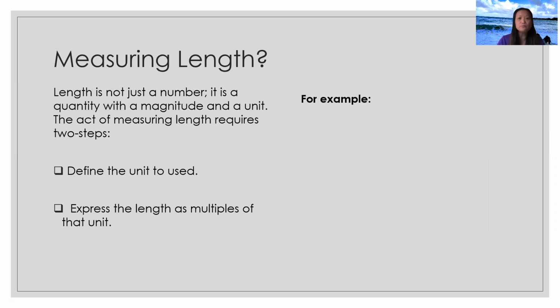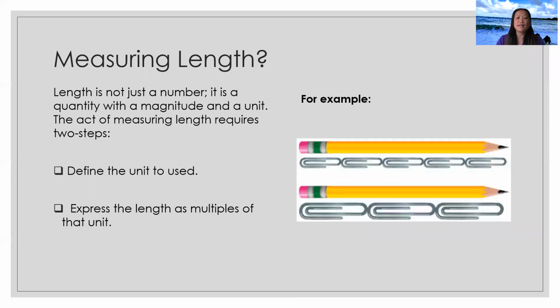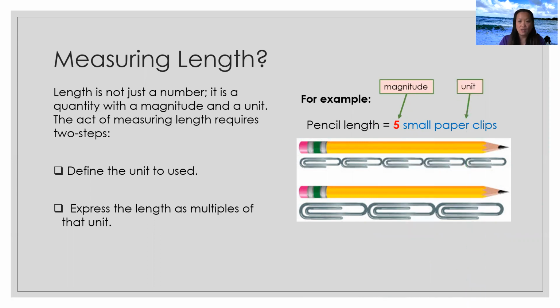For example, let's take a look at this picture here. The length of that pencil is 5 small paper clips long. In this case, the magnitude is 5 and the unit is small paper clip.